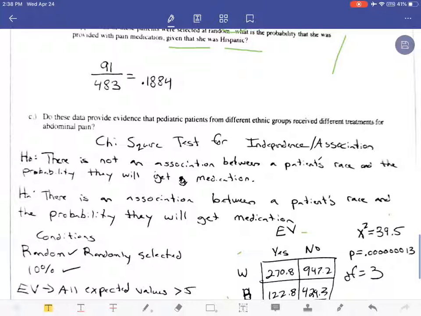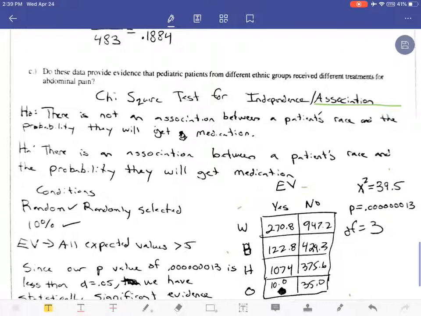So it's the opposite of that. The null hypothesis is a statement of no difference, and the alternative hypothesis is going to be the opposite of that. So null for any independence or association test is there's not an association, and the alternative is there is an association, which is the reason why I like to call it a test for association, because it helps remember how to write your alternative hypotheses.